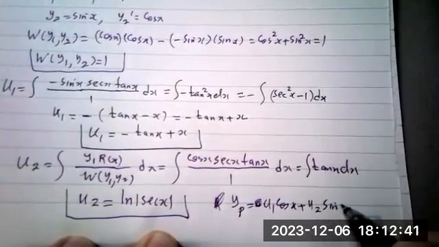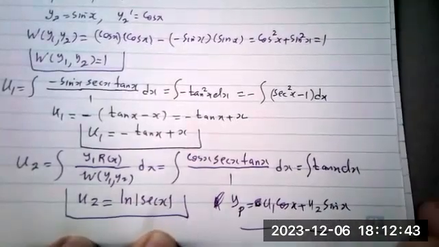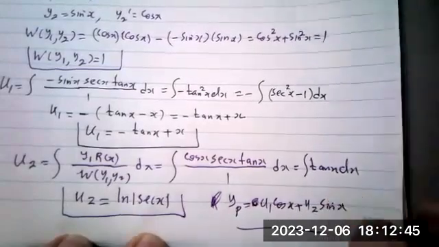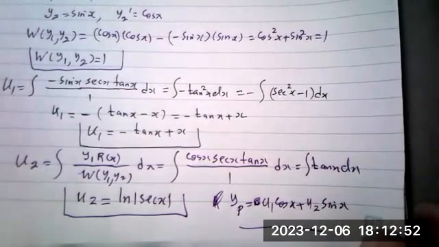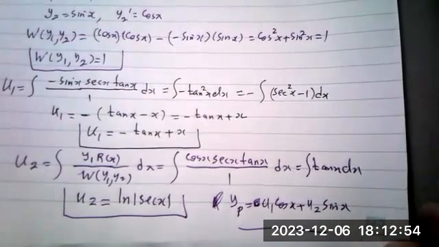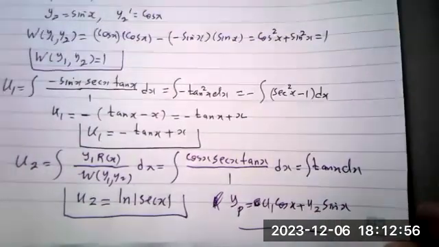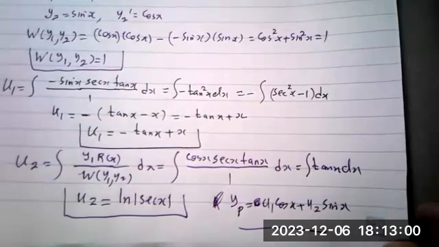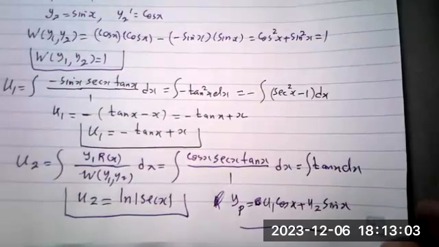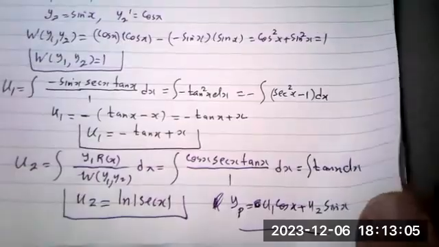You have to substitute, and if there is any possibility, simplify. Then you got it. Okay, so I have all of them, u1 negative tan x plus x, and the other one ln of secant. I'll go to the next page to form the yp. You simplify if it is possible, otherwise you write yc plus yp, the final.